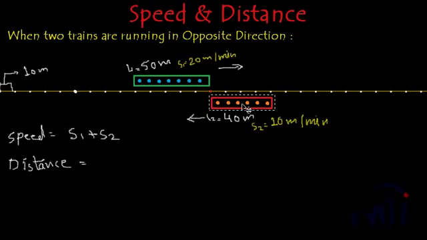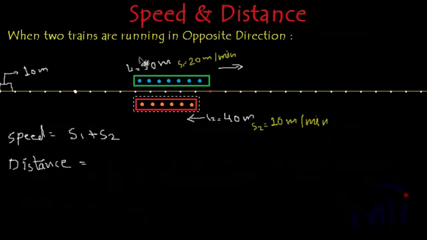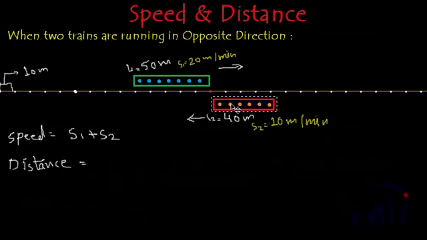Its front end starts moving, the whole train starts moving, and it reaches somewhere here. In this position, the rear end of the green train is in alignment with the front end of the red train. And how much distance has this red train traveled? Yes, it has traveled a distance equal to the length of the green train.